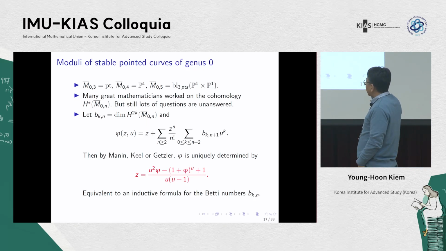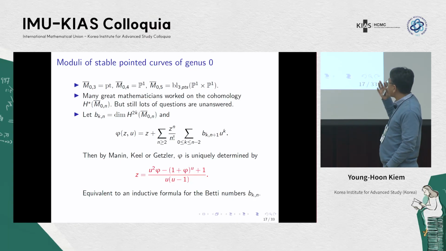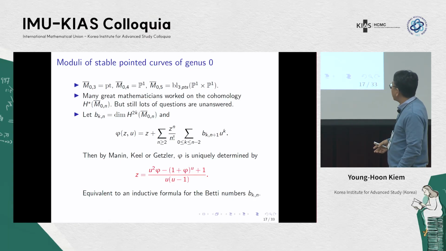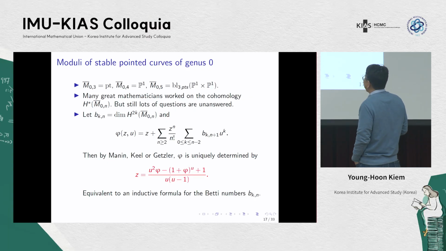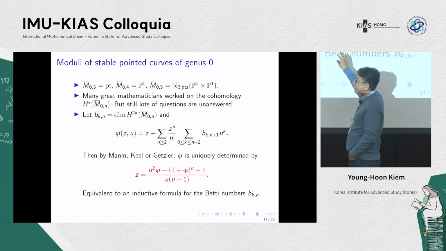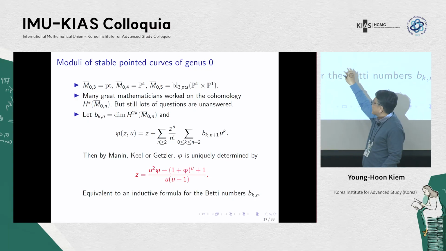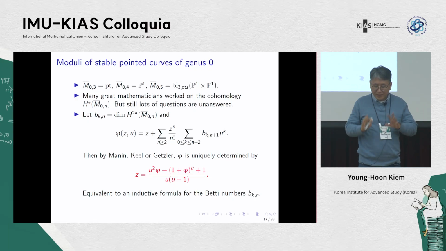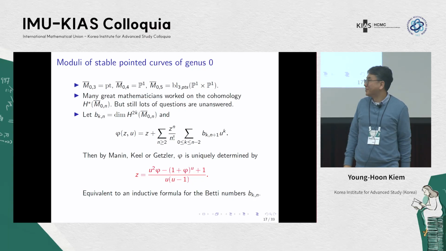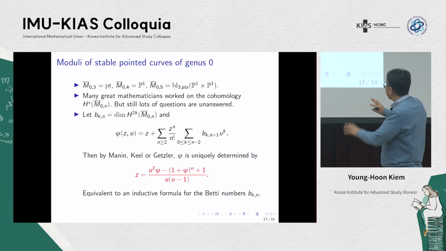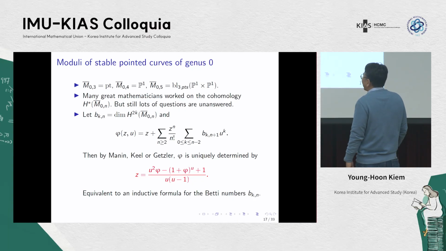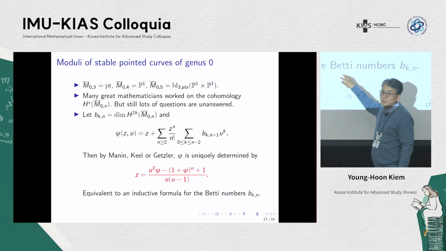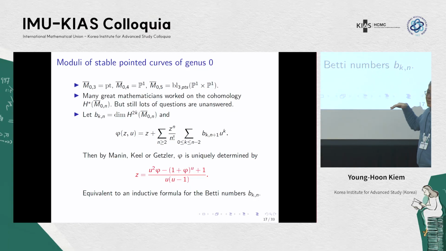And by the work of Manin, Keel, and Getzler, this function phi is uniquely determined by this strange functional equation. So if you solve this functional equation, you can determine phi, and you can find all the Betti numbers in principle. I don't want to talk about how you prove this theorem, but let me just mention that this is equivalent to an inductive formula for the Betti numbers.